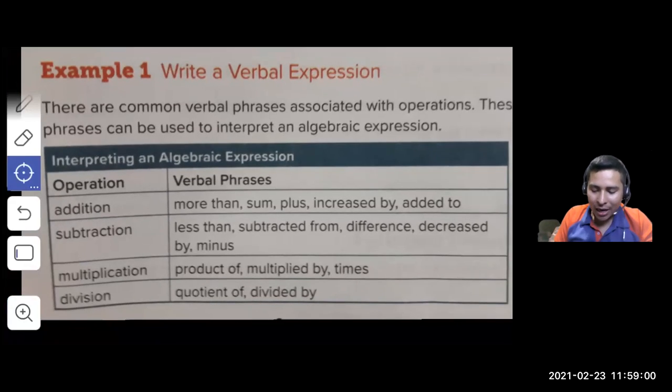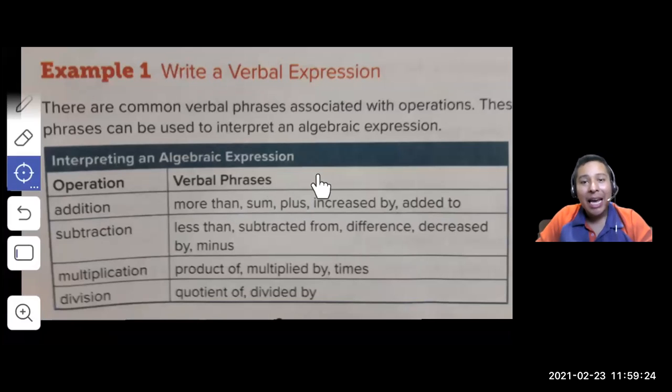We're going to learn these keywords. In mathematics, we have addition, right? Copy that on your notebook, just basically this table, because that's the most important thing. Addition, guys: instead of saying addition, you can say more than, some, plus, increased by, added to.